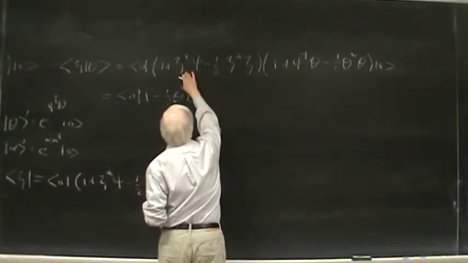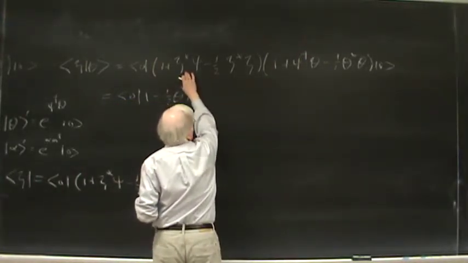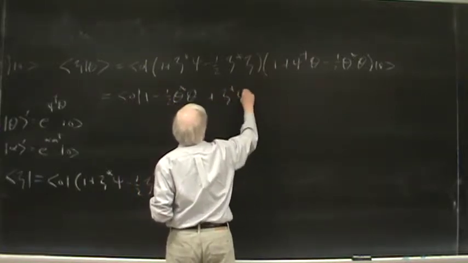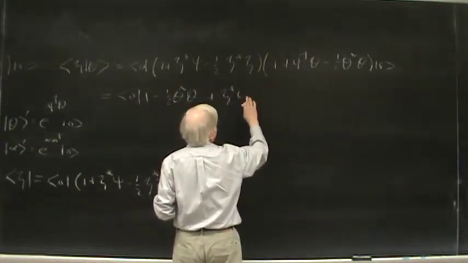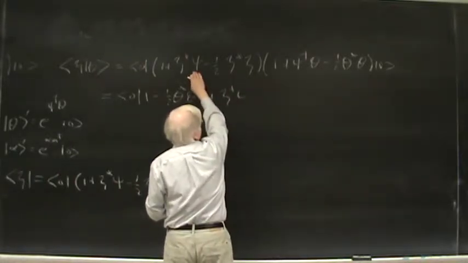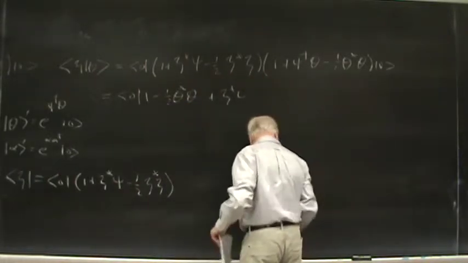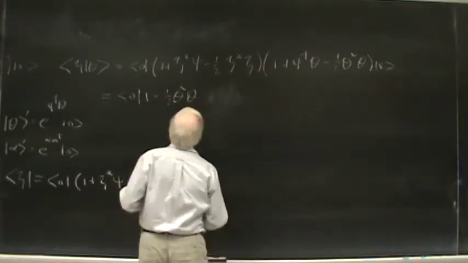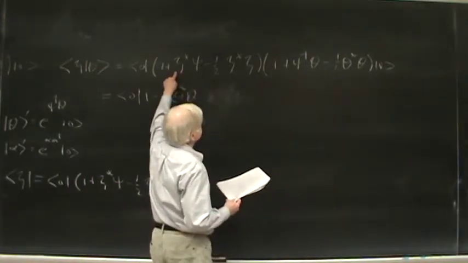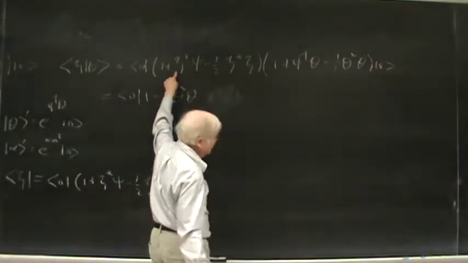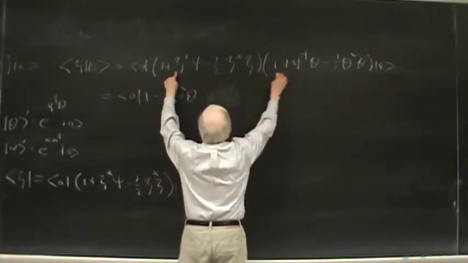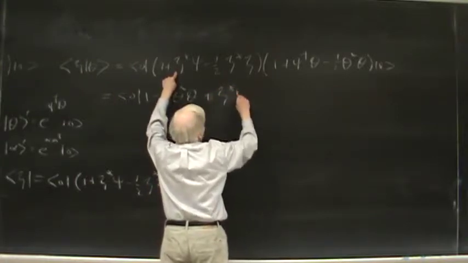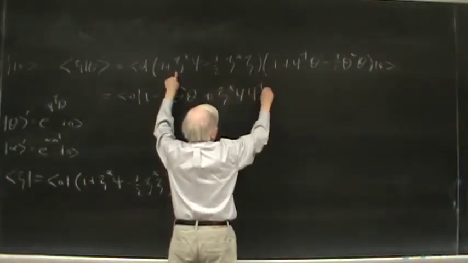Now we multiply by this term. And what we get is psi dagger, well, the psi dagger psi term is going to go away because psi annihilates the vacuum. So we can forget about that term. The next one is this one times that one, and so I'll just write that down. Zeta star psi dagger theta.